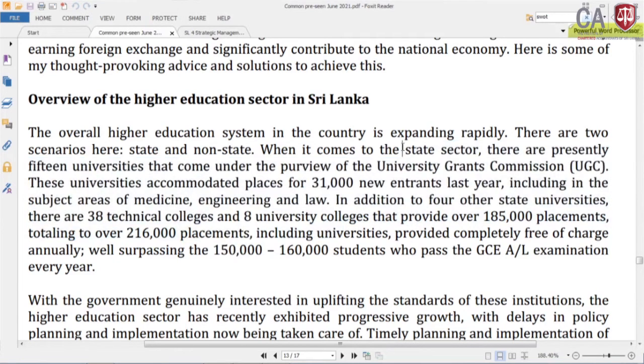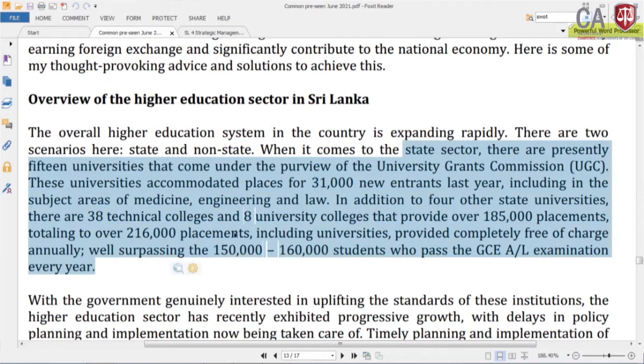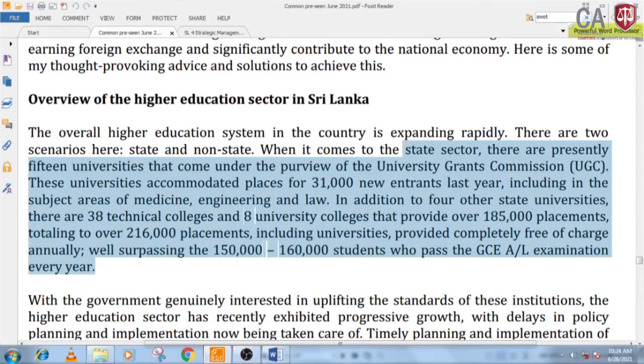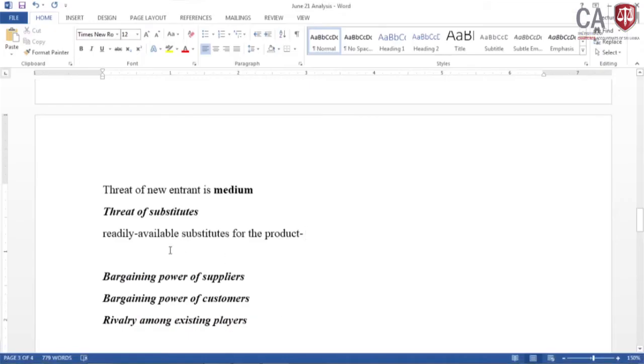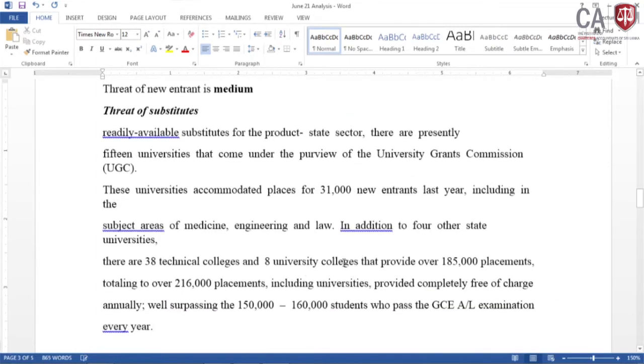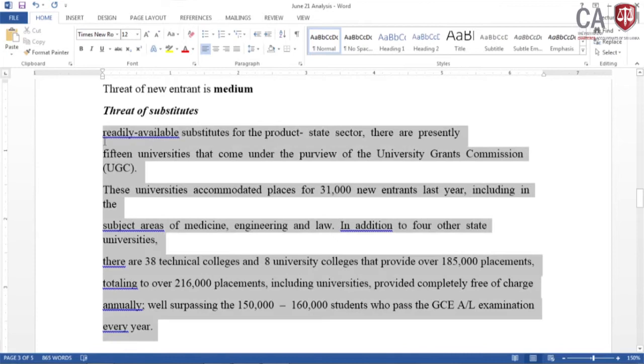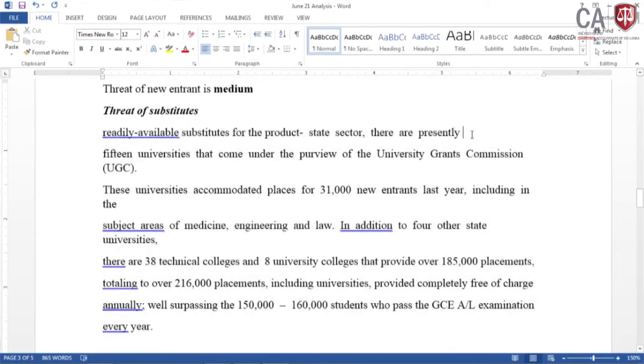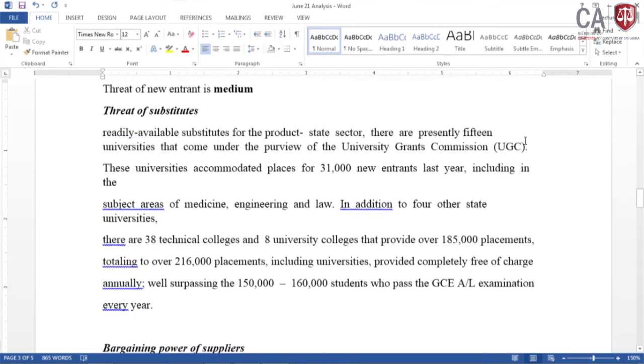This government sector is a substitute for the students, because we are a private institute.